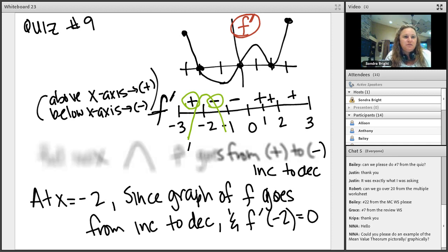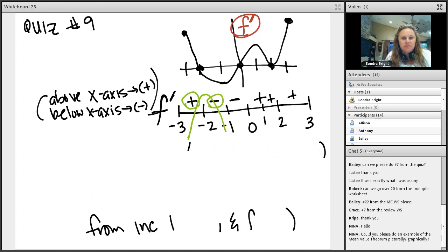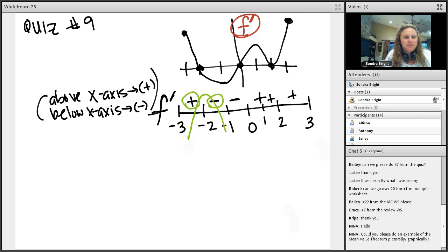Nope, of course not. This is still faster than me having to redraw the graph again. Almost. Okay, delete.